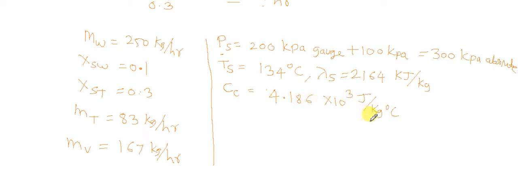That means when the temperature of 1 kg of condensate changes by 1 degree Celsius, this much heat, 4.186 into 10 raised to 3 joule, is released. Please note that some values are in kilojoule and this value is in joule, so when we use these we must maintain uniformity of units.